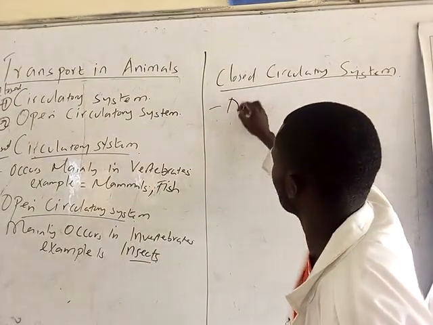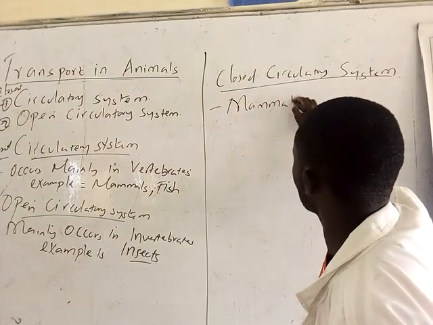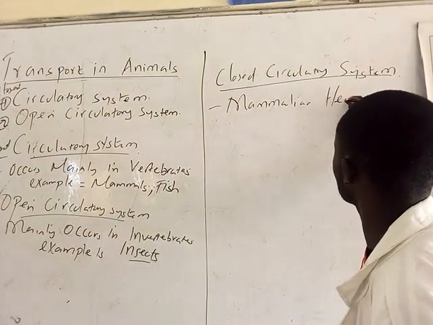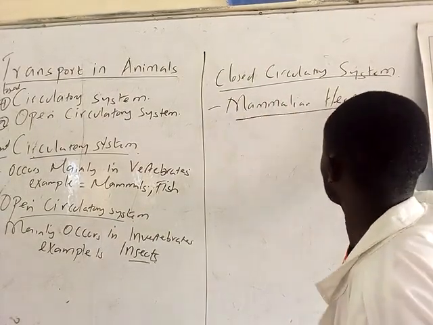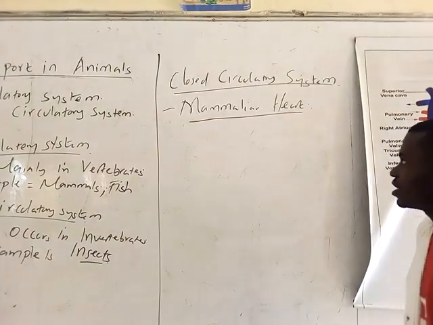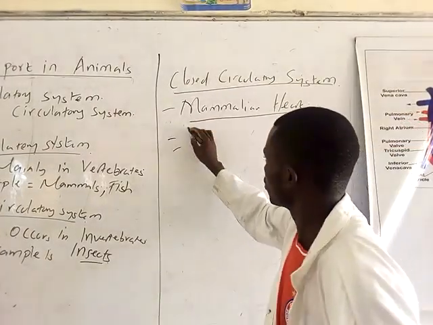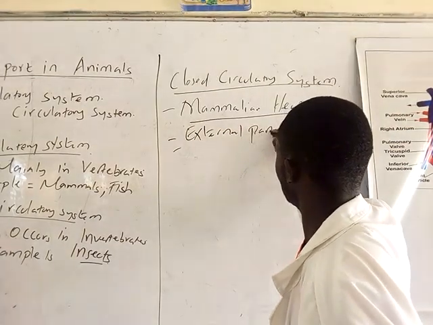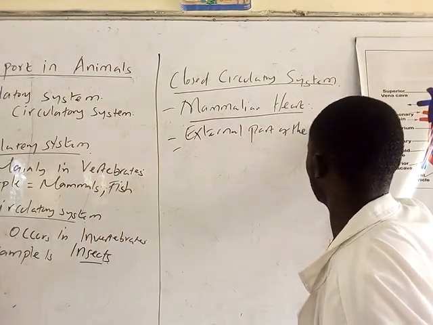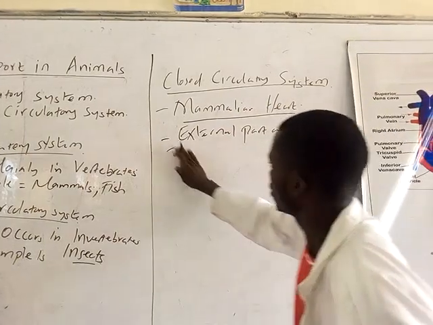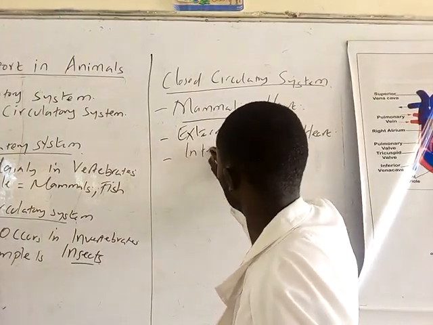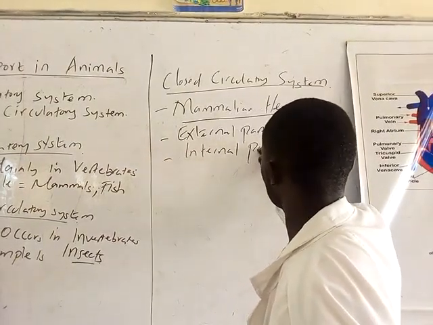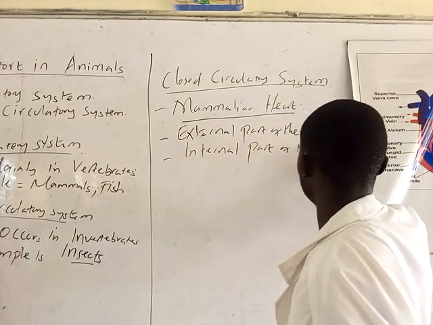So today we are going to discuss more about the mammalian heart. In the mammalian heart, we will deal with the external part of the heart and the internal part of the heart.